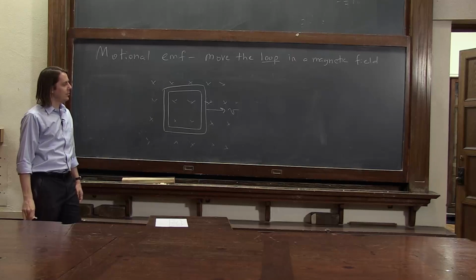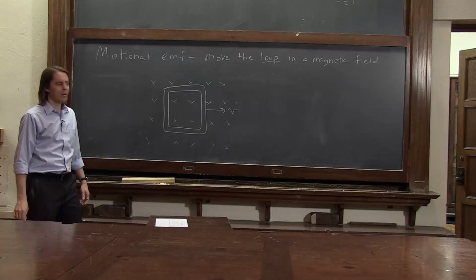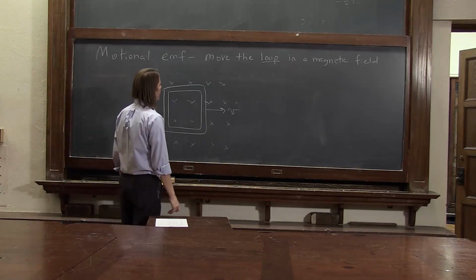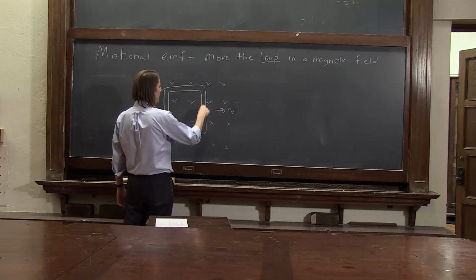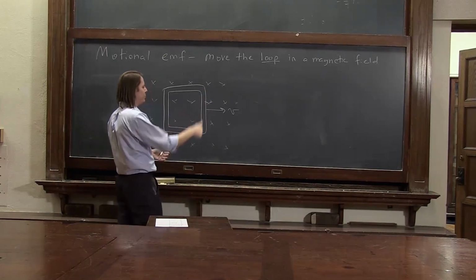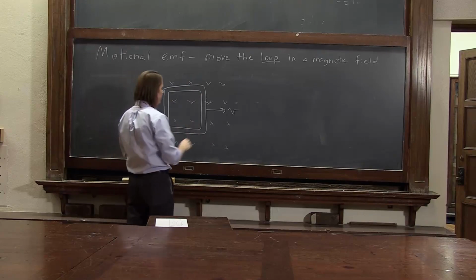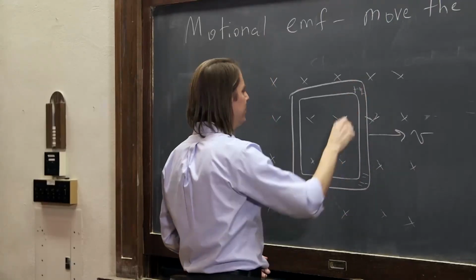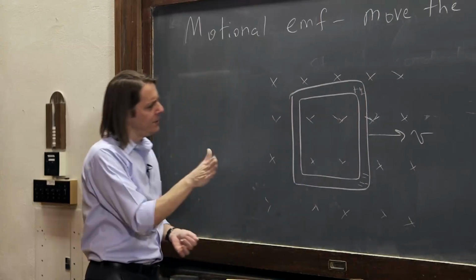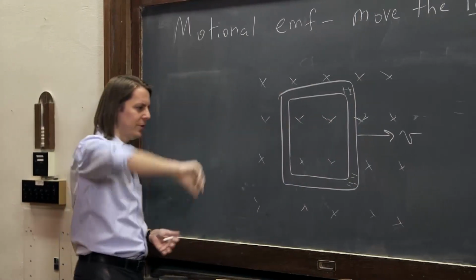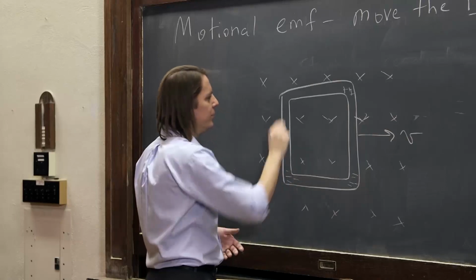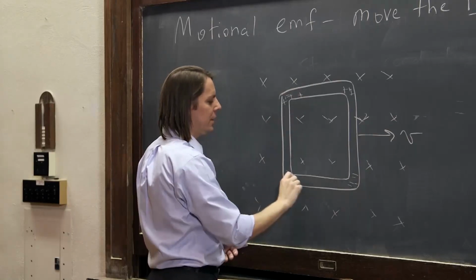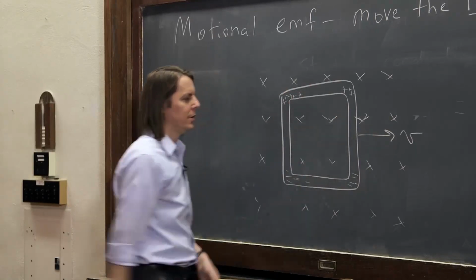And let's think about the QV cross B force on the electrons. So electrons sitting in here, they're free to move. V cross B is up, but they're electrons and they're negative, so they feel a force down. And you get some negative electrons down here, which leaves some positive up here. And what happens over here? V cross B is up, but they're electrons, they go down. Negative flows down here, positive up here, negative down here, positive up here.